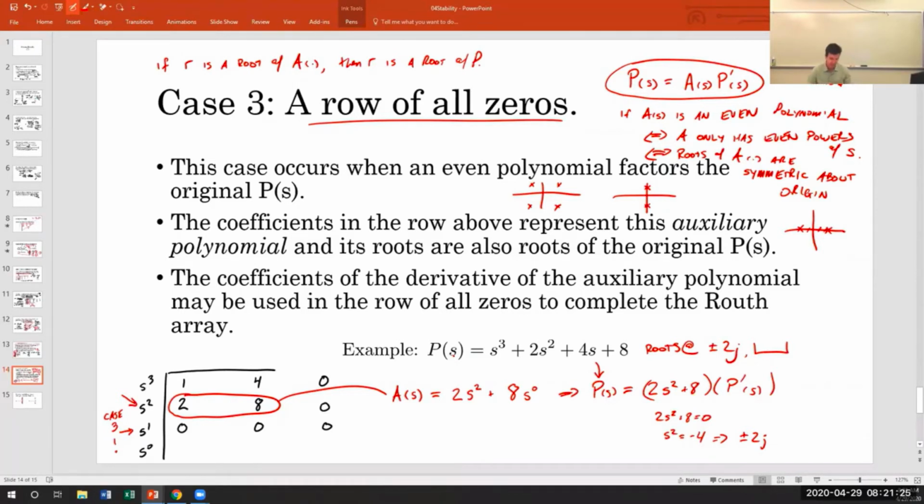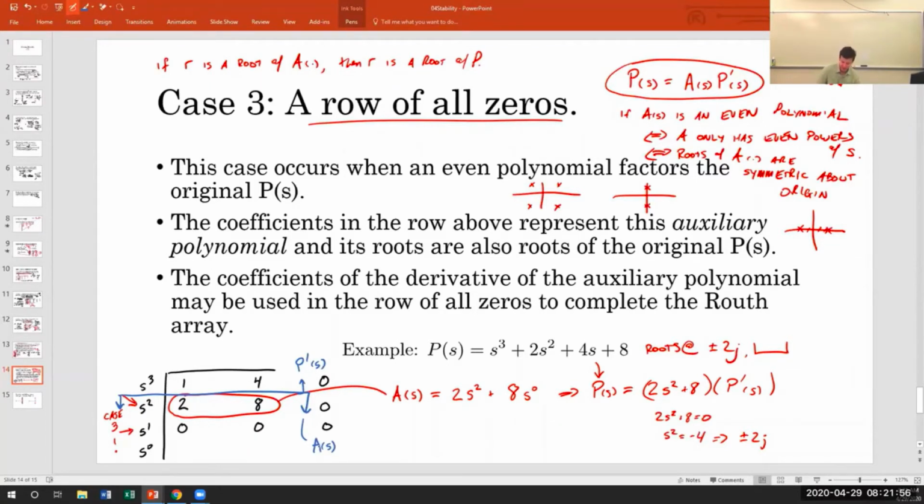Or you could keep yourself in the spirit of Routh-Hurwitz and say everything here and below in this array tells me about A of s. Everything here and above in this array tells me about P prime of s.